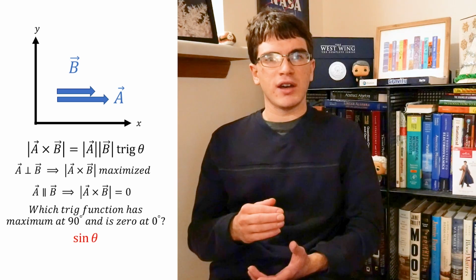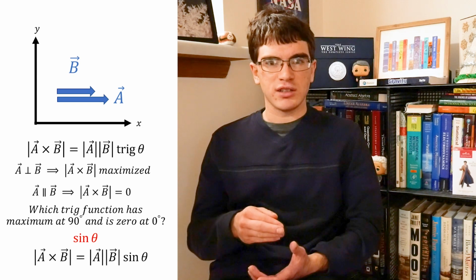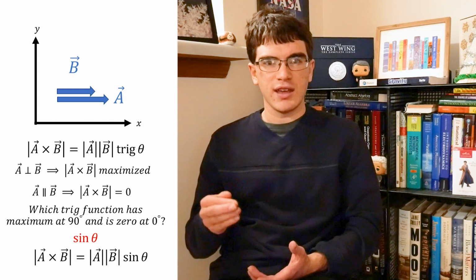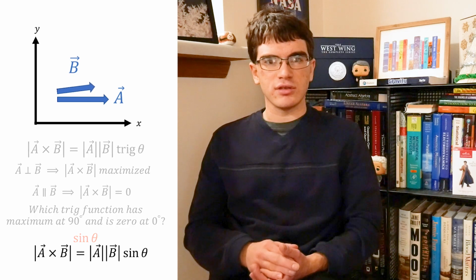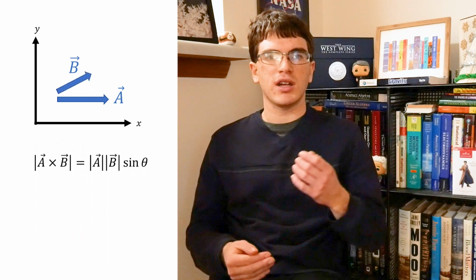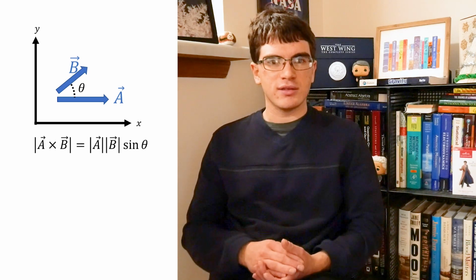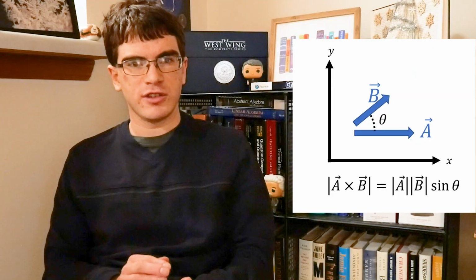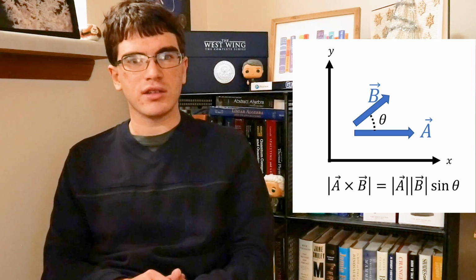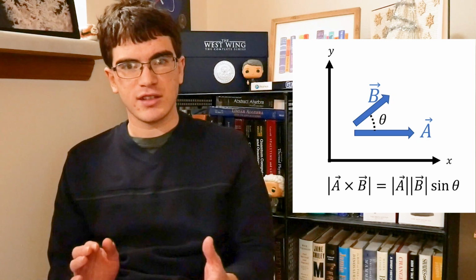Sine. We can write that the magnitude of the cross product between any two vectors a and b is equal to the magnitude of a multiplied by the magnitude of b multiplied by sine of theta. You can recover that the magnitude of a cross product depends on sine by going through these limiting cases.